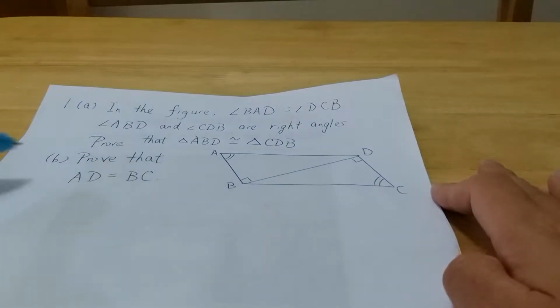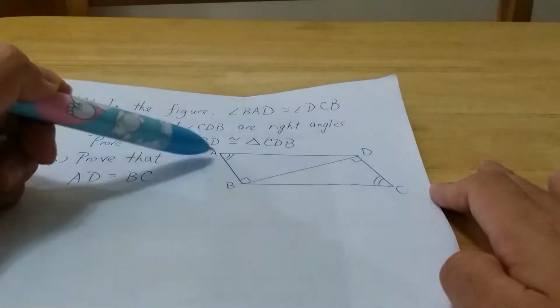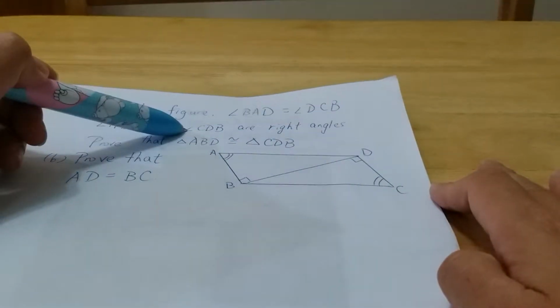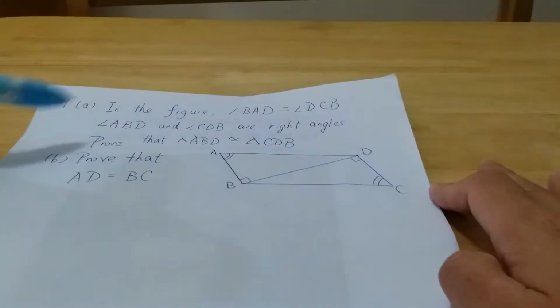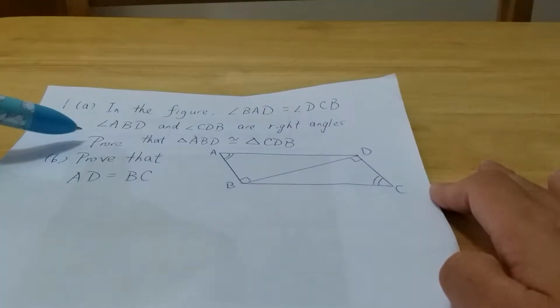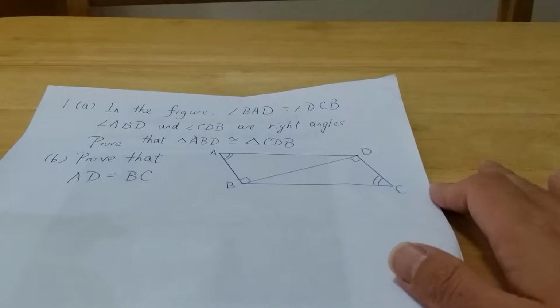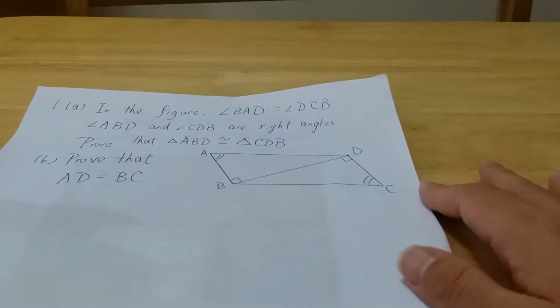Now, angle ABD is a right angle, and angle CDB is a right angle. Now prove that triangle ABD is congruent to triangle CDB.